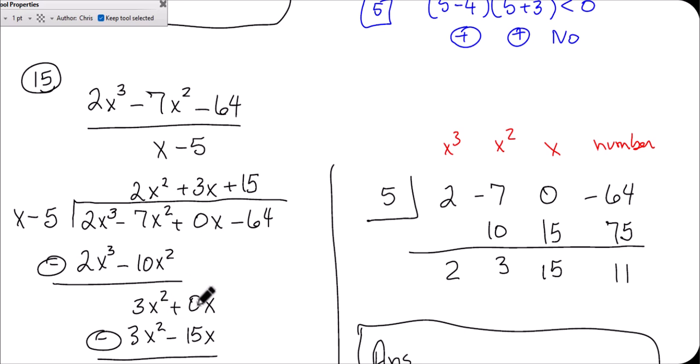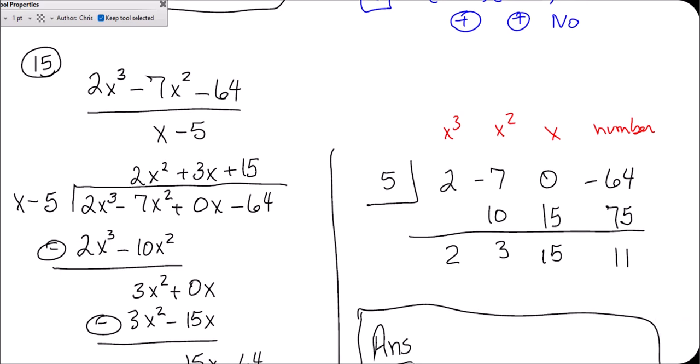Play the game again. What times x is 3x squared? Well, 3x. So you get a 3x squared. 3x times the minus 5 is a minus 15x, and you are subtracting.